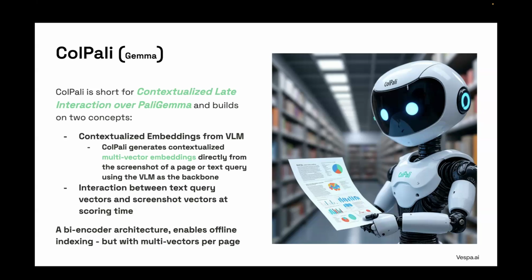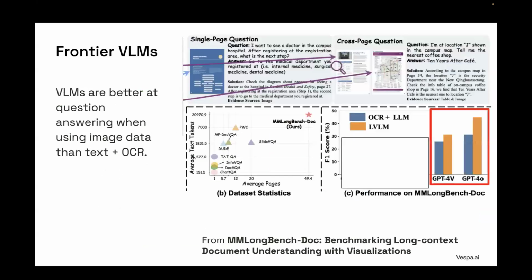And this is a really exciting direction because it performs a lot better. It's also been shown that these frontier VLMs, the best ones, actually answer questions a lot better when they are given the images directly rather than using OCR, or optical character recognition, first to extract the text.